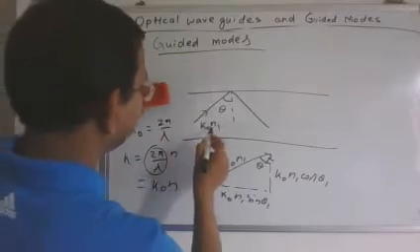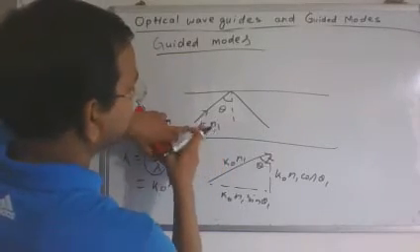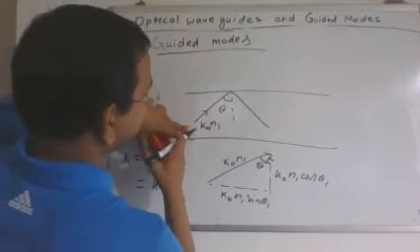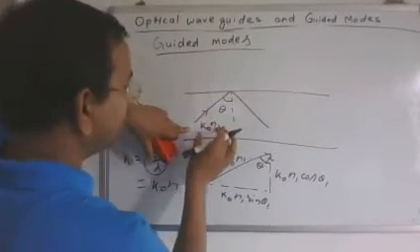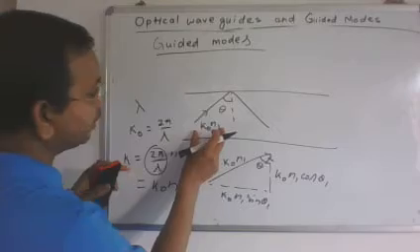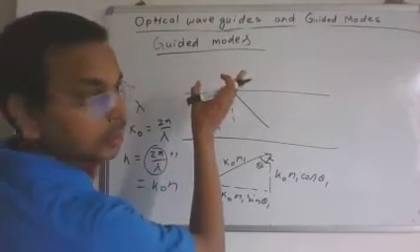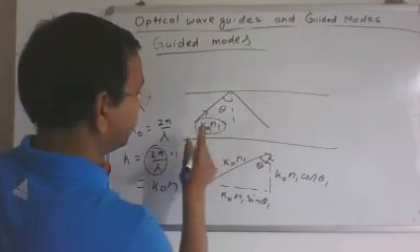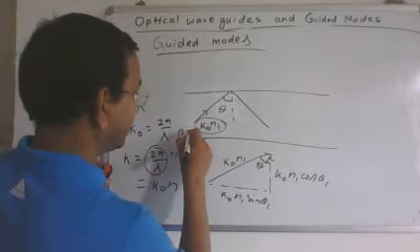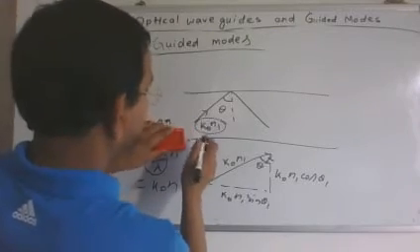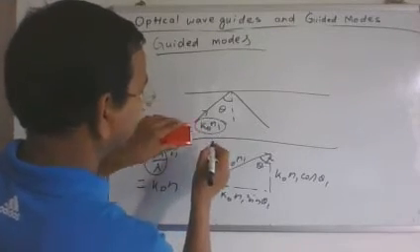So here k naught n1 is nothing but the propagation constant within this medium. So with this k naught n1, it's propagating. What is this? Propagation constant beta, you can say beta, or k naught n1. K is equal to k naught n1.